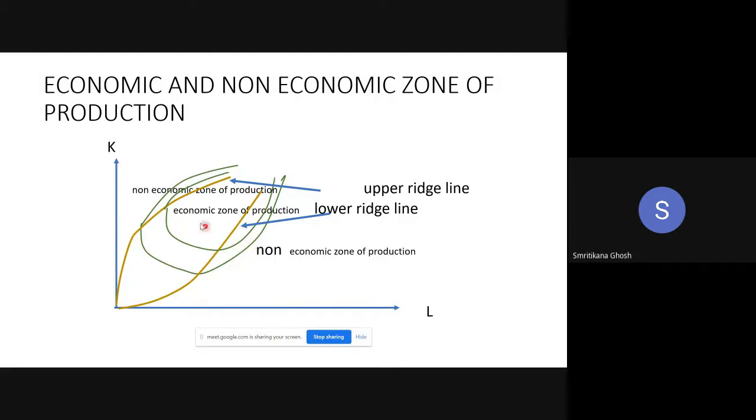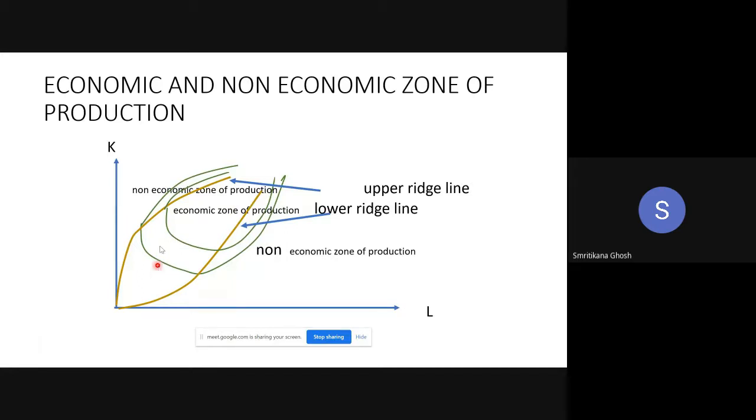With the same reasoning, you are not interested to produce here because here MPK is negative, right? Yes, ma'am. So these two are the areas where producers are not interested to go, and this is the area where producers are interested to produce.